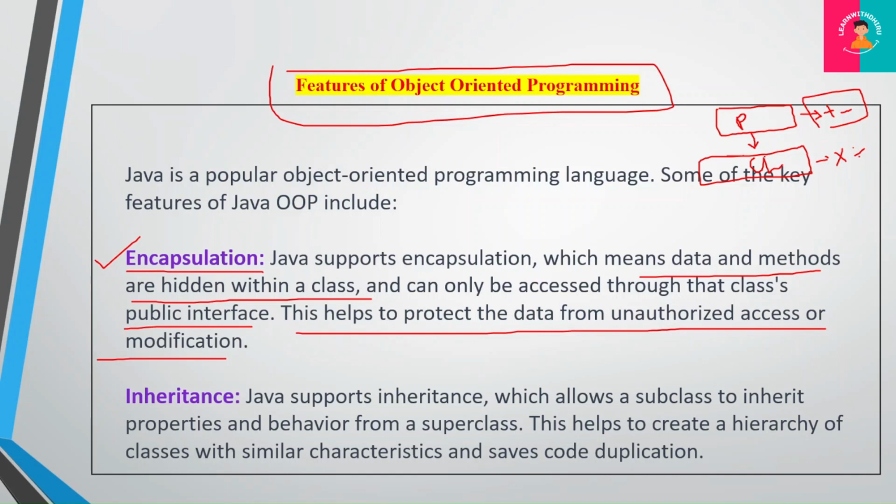Once this child class inherits the properties of the parent class, the child class can do multiplication and division, and apart from this, it will also be able to do addition and subtraction. Whatever properties or methods the parent has, it inherits, so it avoids code duplication.